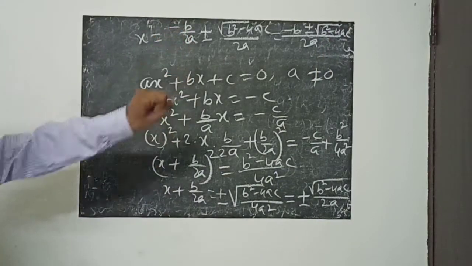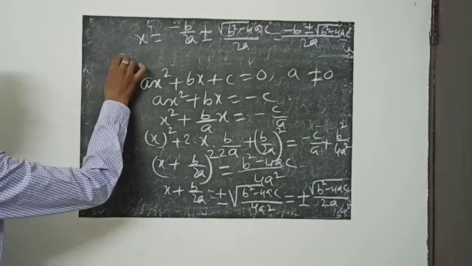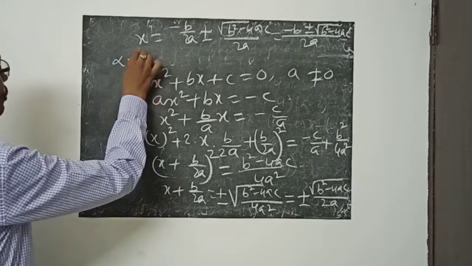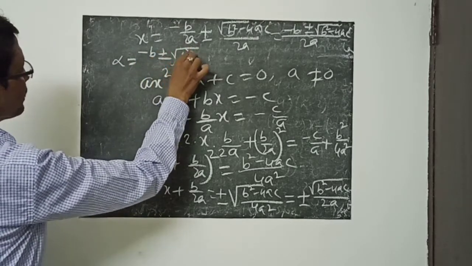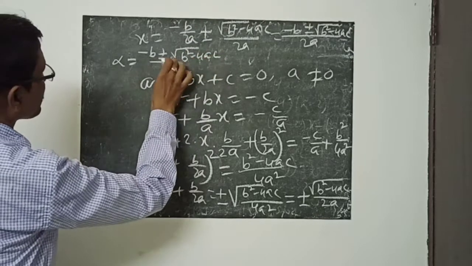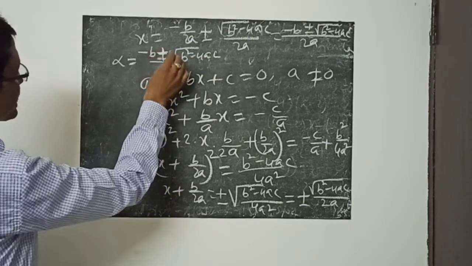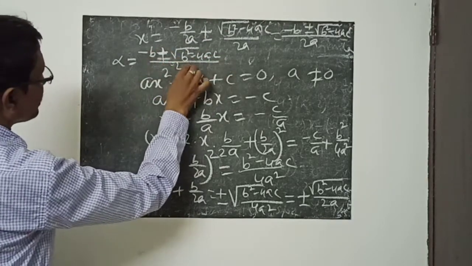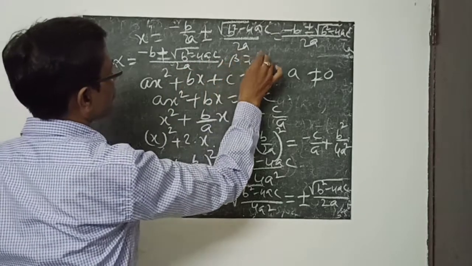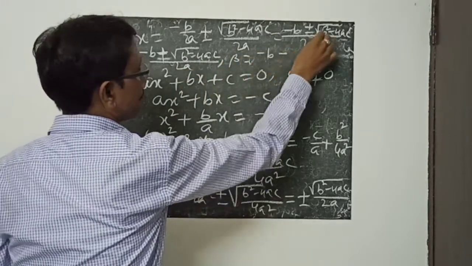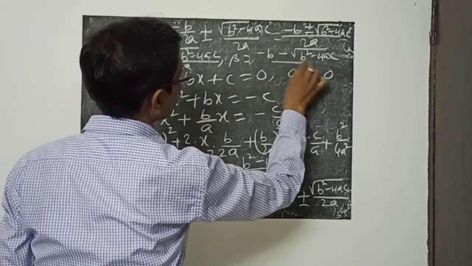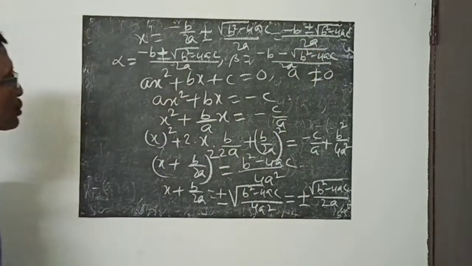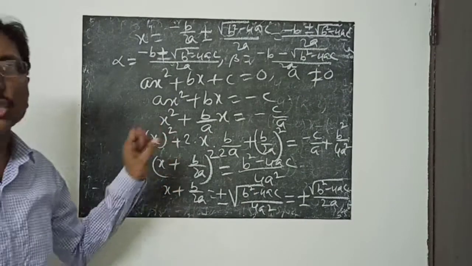So these are the two roots. If one root is alpha, it is minus b plus root under b square minus 4ac by 2a, and beta is minus b minus root under b square minus 4ac by 2a. These are the two solutions, or two roots, that I got.